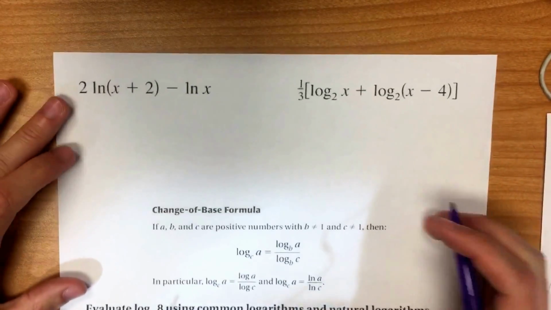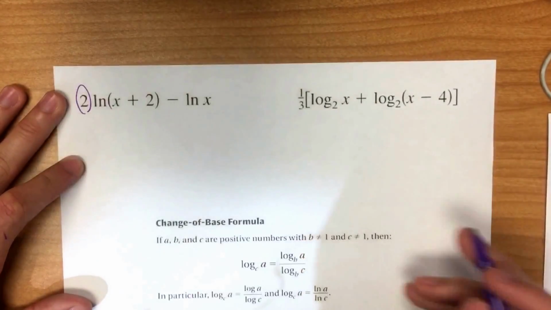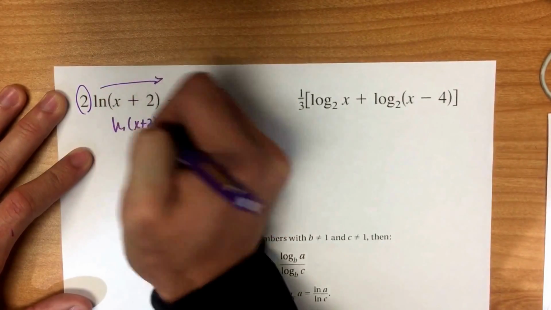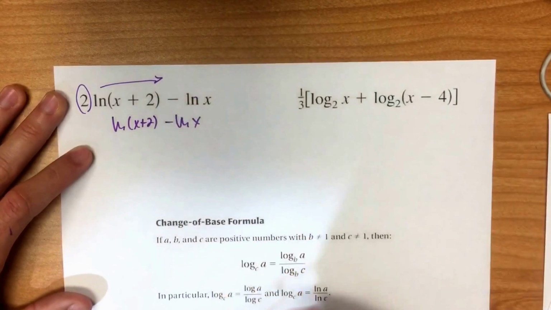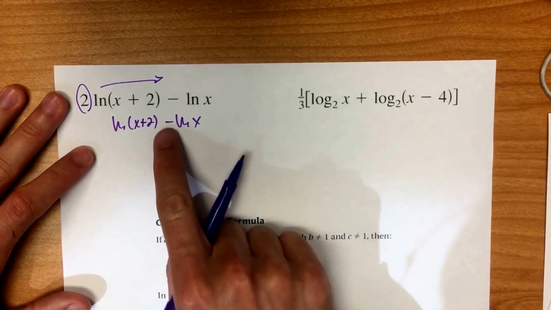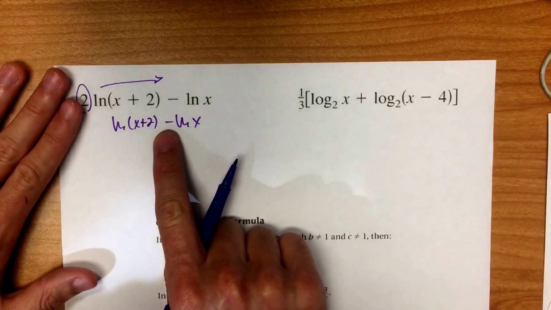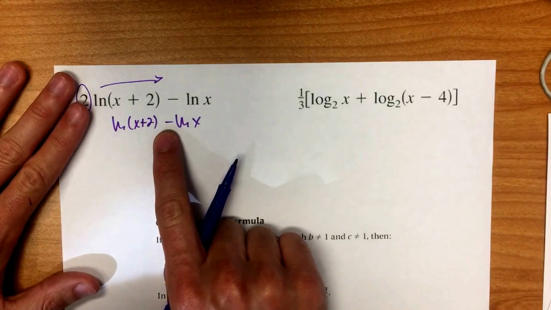All right, so again, first thing here, that 2 is going to go back up top. So I've got natural log of x plus 2 minus natural log of x. Anytime that I have subtraction in the center, I'm going to rewrite this as one log using division.